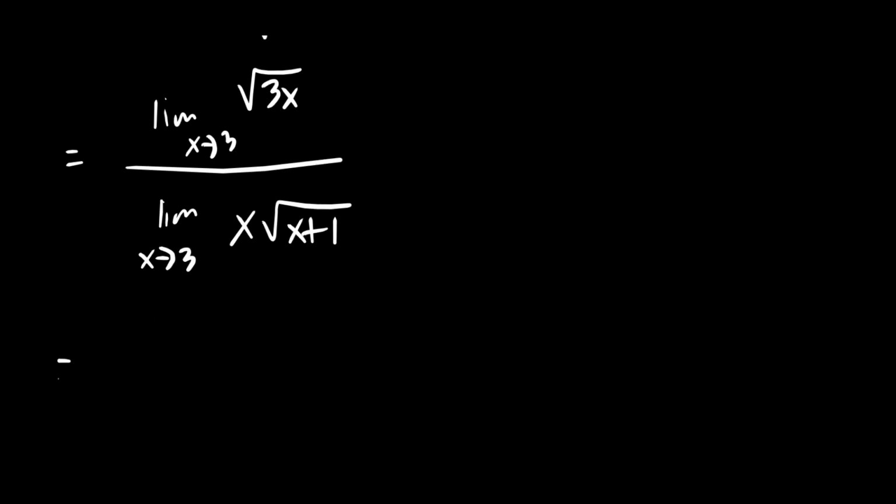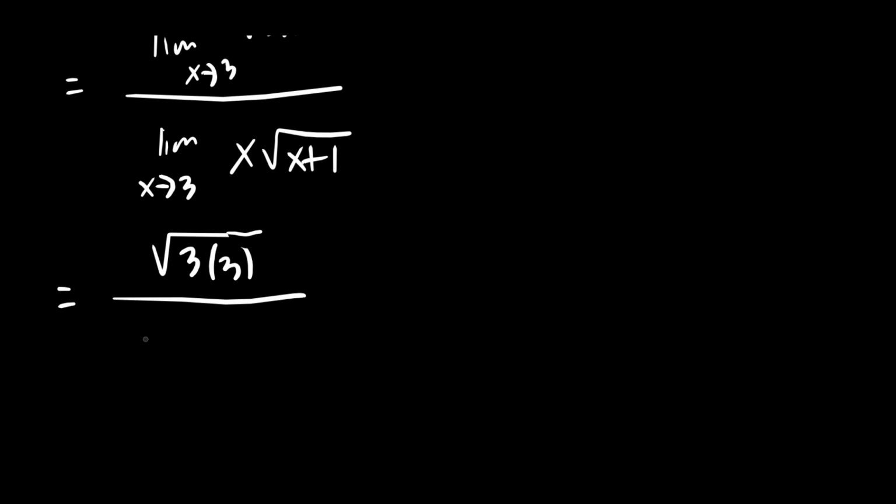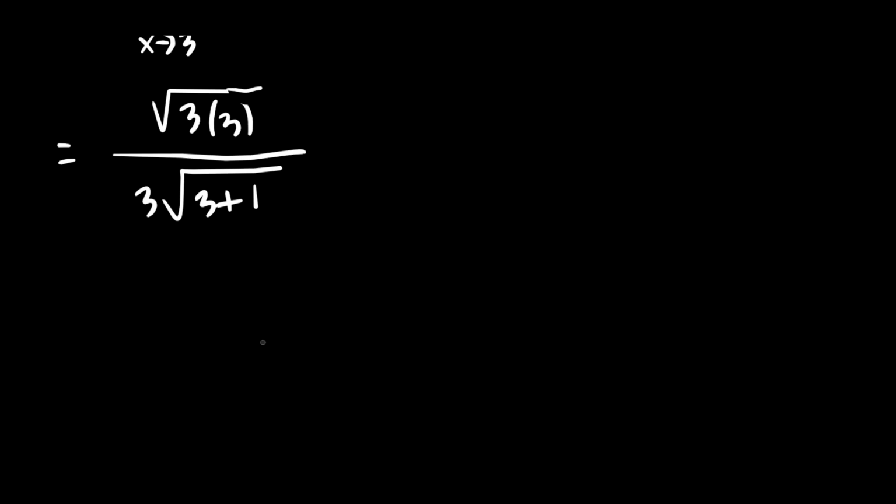So we'll have a direct substitution. So cube root of 3 multiplied by 3, all over 3 multiplied by square root of 3 plus 1. So let's further simplify this one.